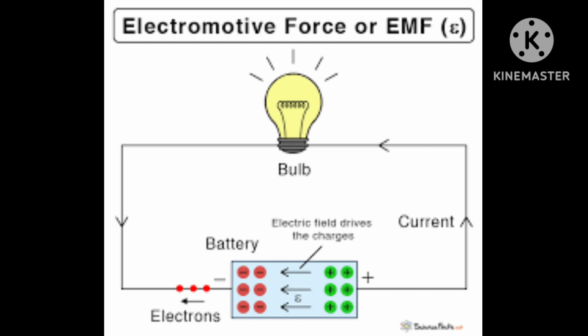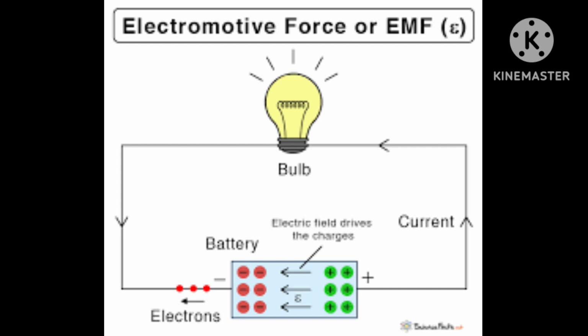Electrons will flow. Correct? Flow of electrons is called current, means current is flowing. If you want to measure how much current, then an ammeter is joined. And if you want to know the voltage, a voltmeter is joined. Through a voltmeter or ammeter you can pass the current through the wire.